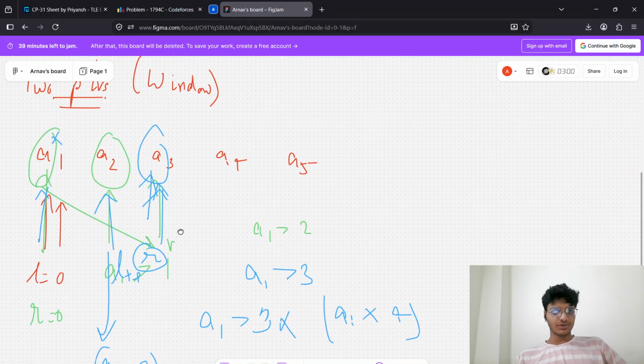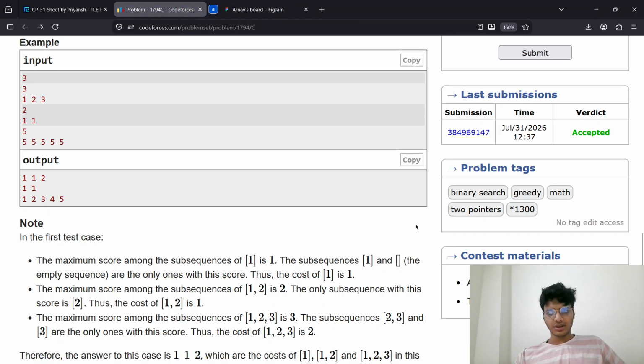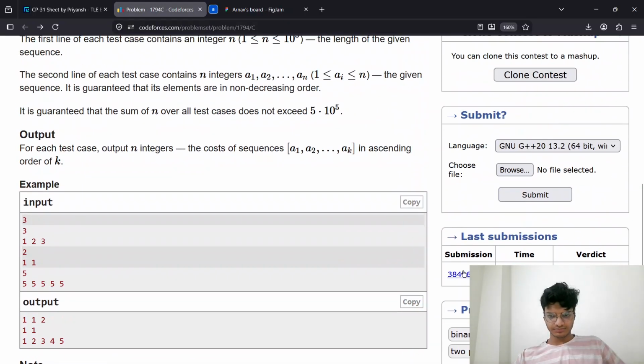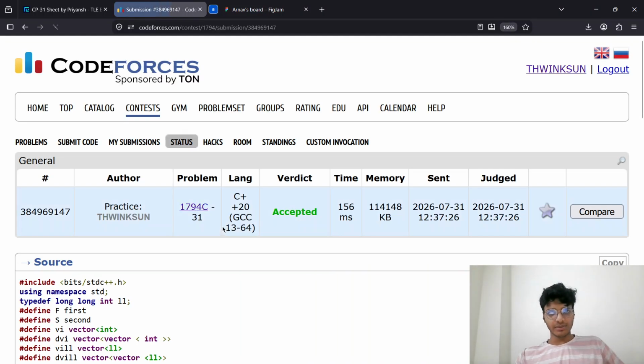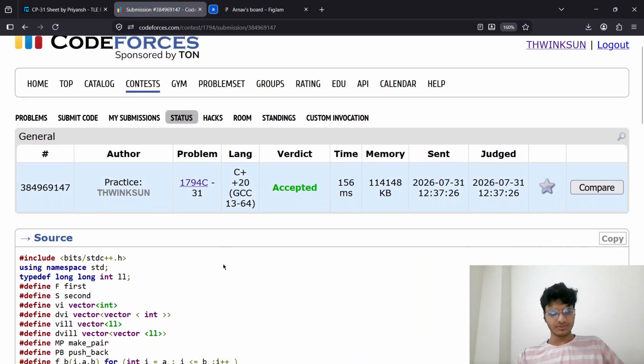Then we will find the value, do the same, and output our answer. So this is the way we will use the window, or two pointers. I hope you get the intuition behind that. Let us move to the code. It would end up being of order n time complexity.